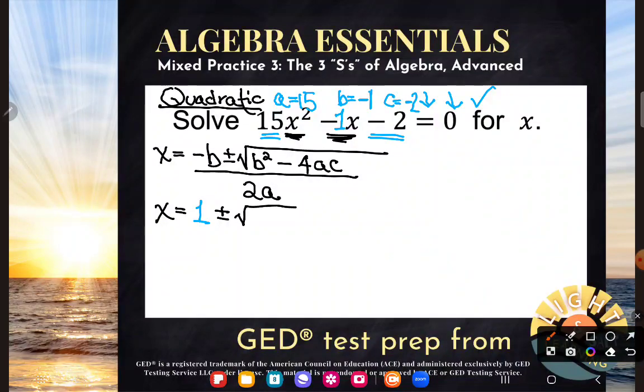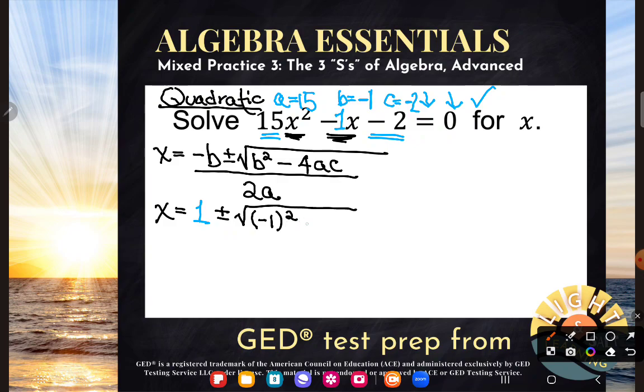The square root, nice and long, of b squared. Now this is crucial. You absolutely must have the parentheses here to do b squared, or else you're going to get a wrong answer because of the way exponents work. We learned that if you want to square a negative number, you must use parentheses in order to make sure the whole number, including the negative, is being squared.